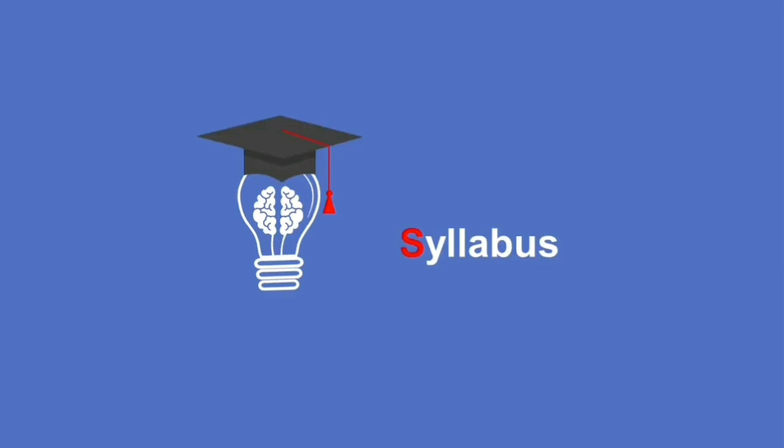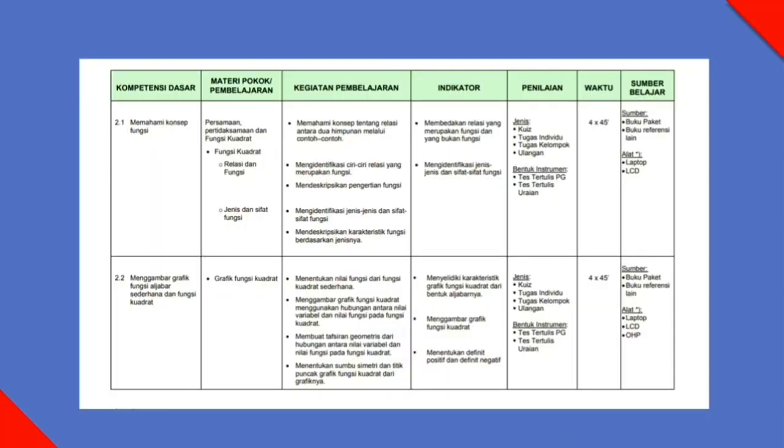In the syllabus, we just take one standard competency about quadratic equation, inequalities, and functions. In these competency standards, there are 6 basic competencies, or kompetensi dasar, that consist of different learning materials, learning activity, indicators, and time allocations.